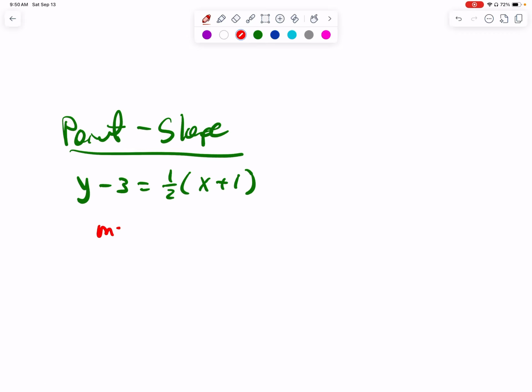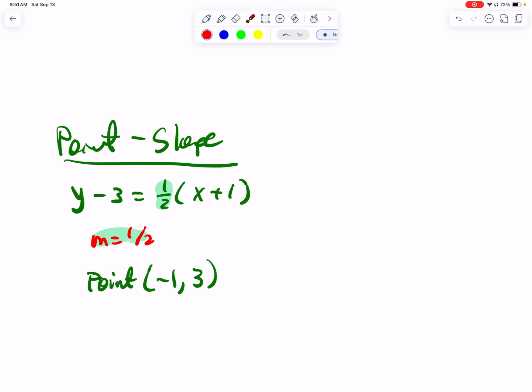We know that it has a slope of 1/2, but it goes through the point (-1, 3). Notice here that your x has an opposite sign, and so does the y. The way that we like to say this is that the x's lie, and in this case the y does too, but sometimes we see the 3 added to the other side, and it would be +3, which matches up with this.